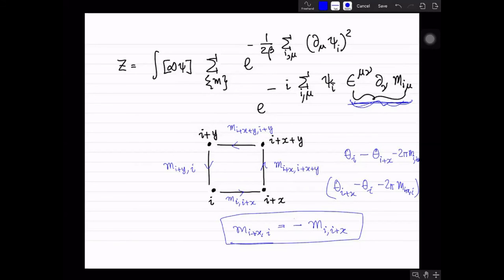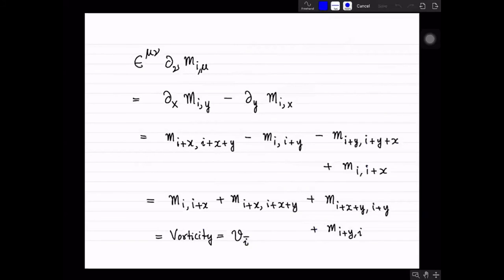So now let's try to understand what this is. Epsilon mu nu is the antisymmetric two-dimensional Levi-Civita symbol. Just like the three-dimensional Levi-Civita symbol implements a three-dimensional curl, the two-dimensional Levi-Civita symbol implements a two-dimensional curl.